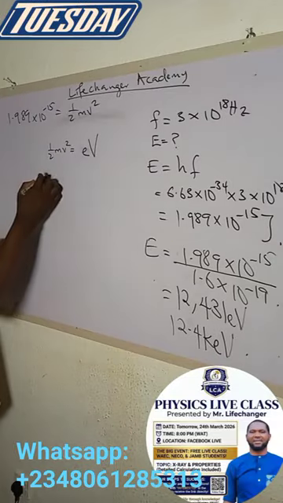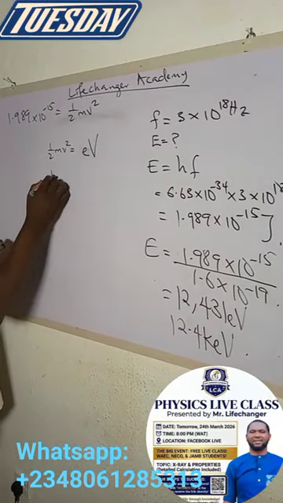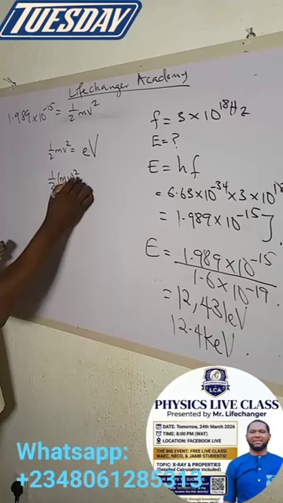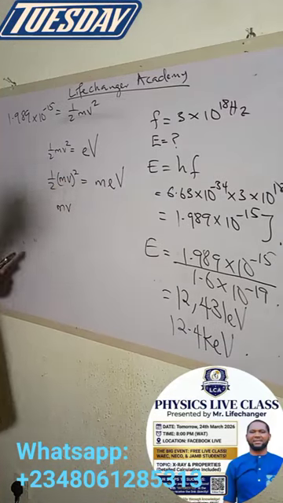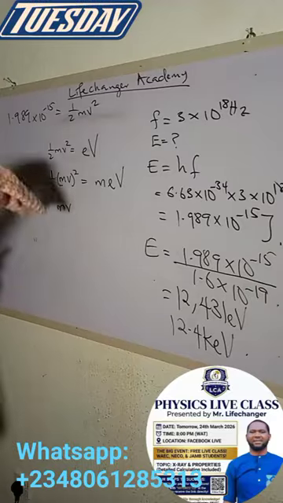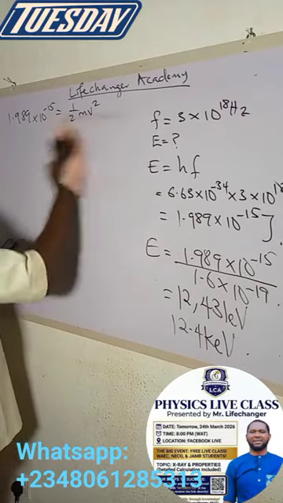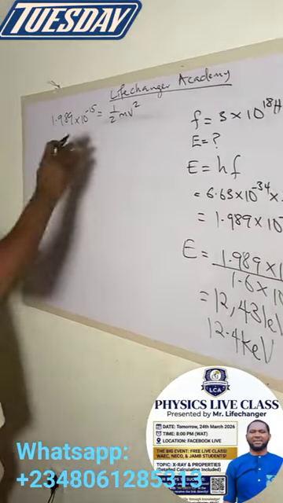We can say that half mv squared is equal to electron charge times volts. Don't worry about this. I will show you when we would use this. Don't bother. So let's just find the velocity here.